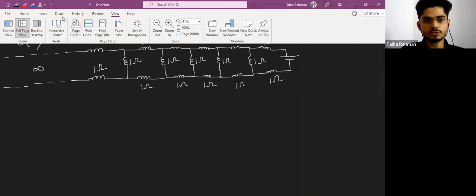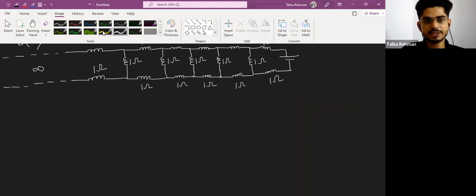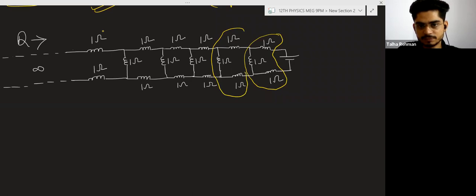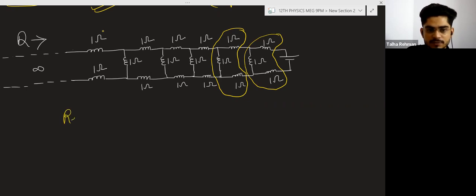So the first step to solve this is to identify the repetition term. This is the repetition term everywhere, you can see. So you will consider the equivalent resistance of this as R equivalent.